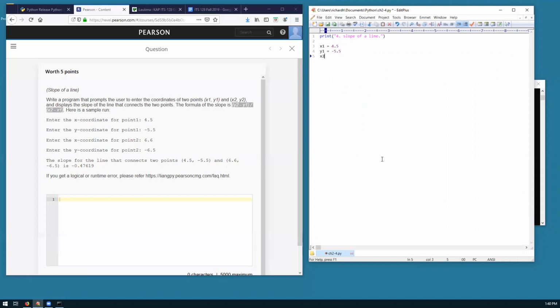X2, the second point's X coordinate, is 6.6, and Y2 is minus 6.5. Okay, so I just did X1 is 4.5, Y1 is minus 5.5, X2 is 6.6, and Y2 is minus 6.5. That's just this here.